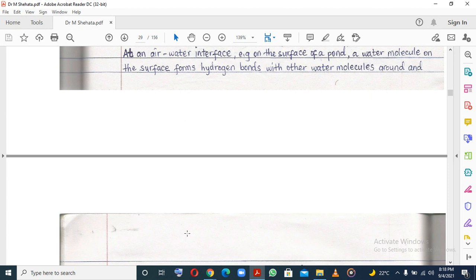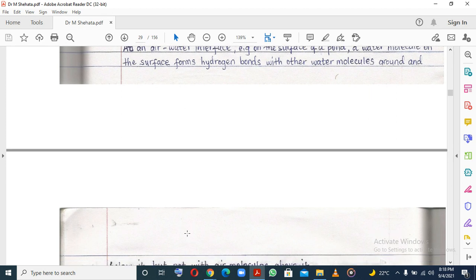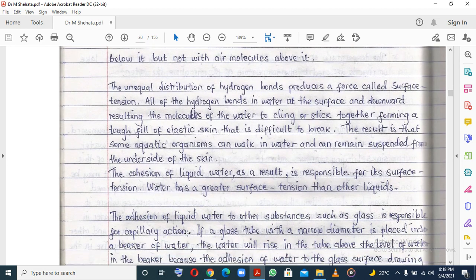Now there are certain interactions happening around those points, especially with the water molecules on the surface. Remember we said one water molecule can accommodate how many? Four other water molecules, by hydrogen bonding. So let's think of one water molecule on the top surface.